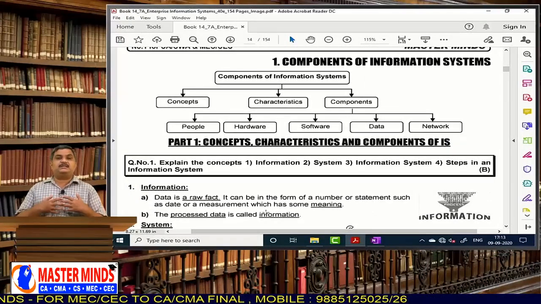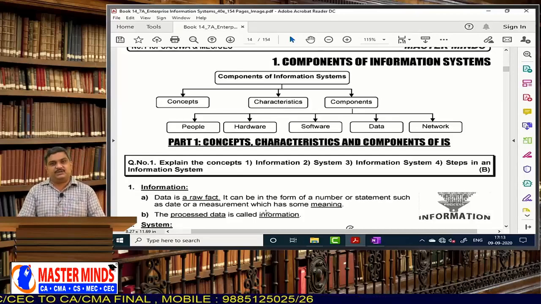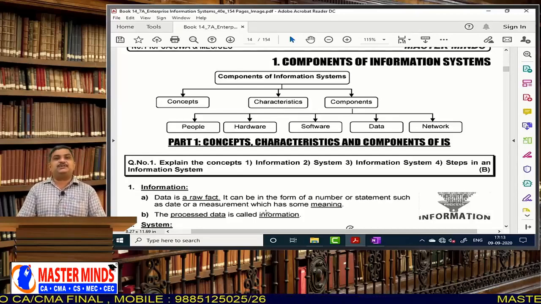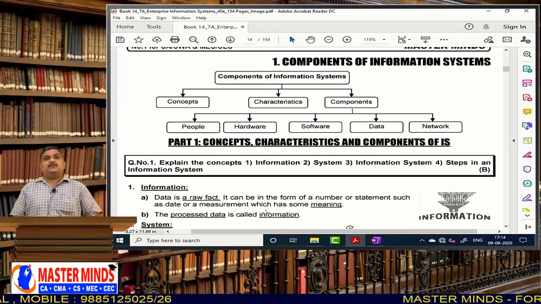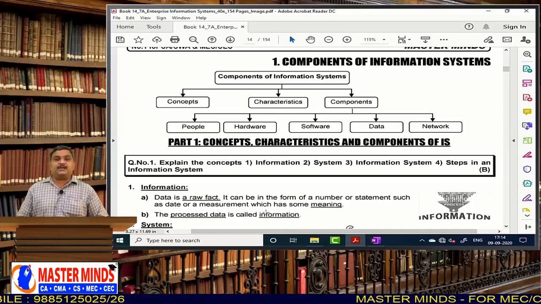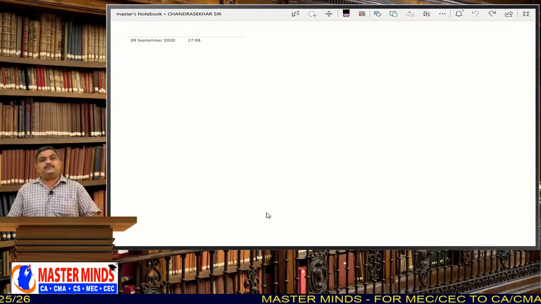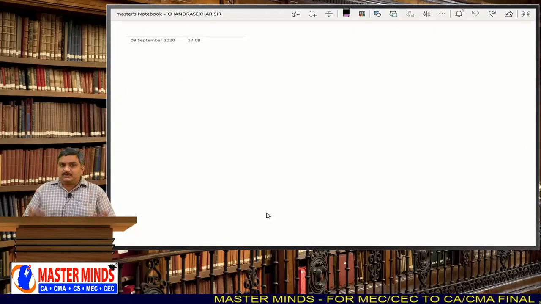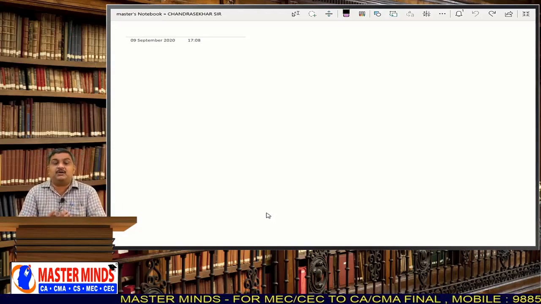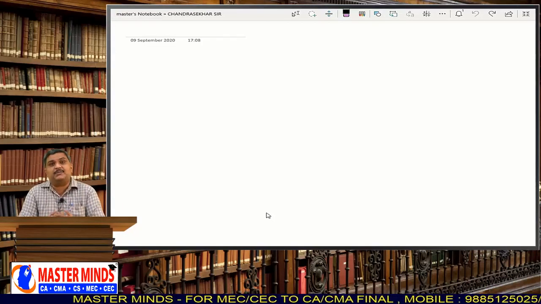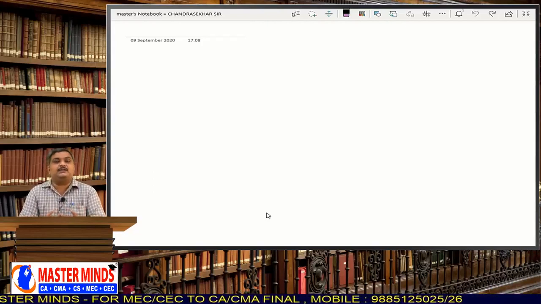Before starting this lesson, we have to understand the purpose of this EIS subject. Why was this EIS subject introduced into the syllabus? Today there is computerization across the world. Computers are used everywhere, and we have seen the applications of computers and the internet, and you might have heard about emerging technologies like artificial intelligence, cloud computing, grid computing.